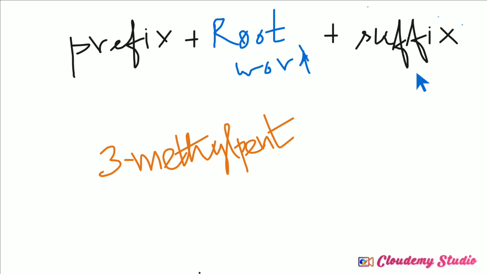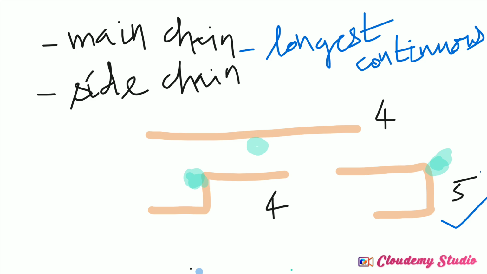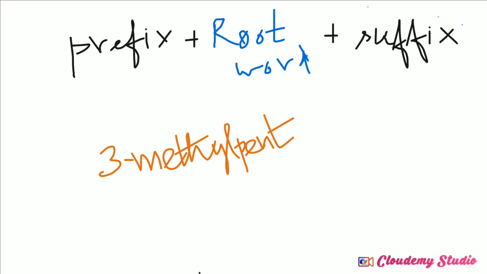Then after writing the root word, we need to come to the suffix. The suffix denotes the type of bond between the carbon to carbon atoms. Between carbon to carbon atoms, what kind of bond is present? Single bond. So if it is a carbon to carbon single bond, the suffix will be ANE.